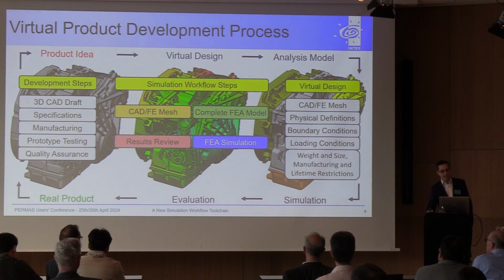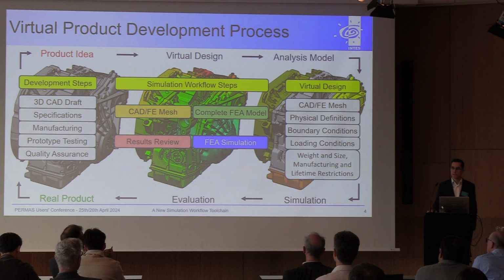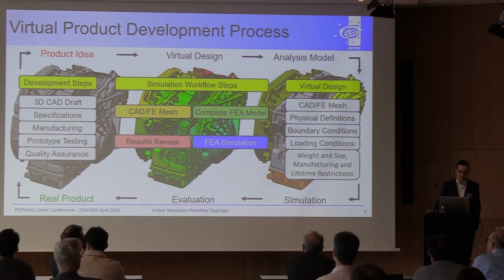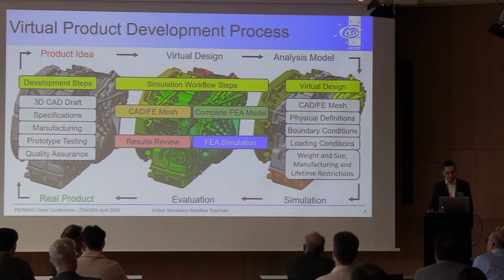So let me summarize these steps for the FEA simulation workflow into 4 parts: the CAD FE meshing, the completion of the FEA model by physical integrations, then on the right lower side, of course, simulation with the finite elements, and finally, the result review.